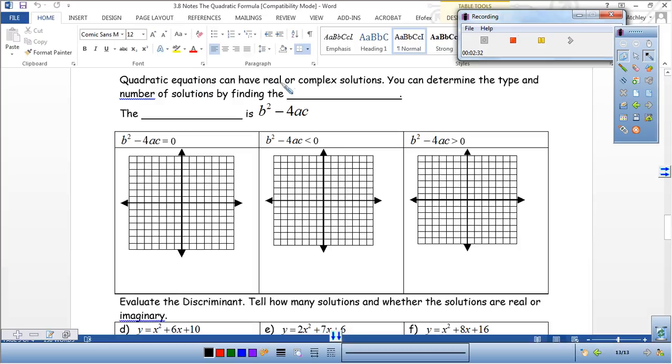So the quadratic equation of a real or complex solution, you can determine the type and the number of solutions by finding the discriminant. Okay. The discriminant is just what's inside the radical, the b squared minus 4ac.